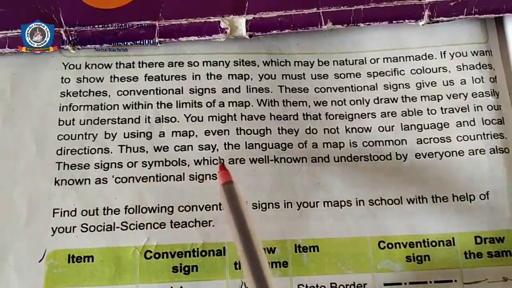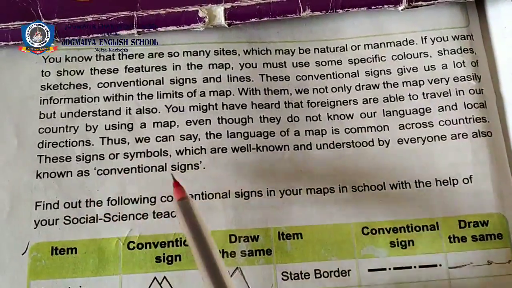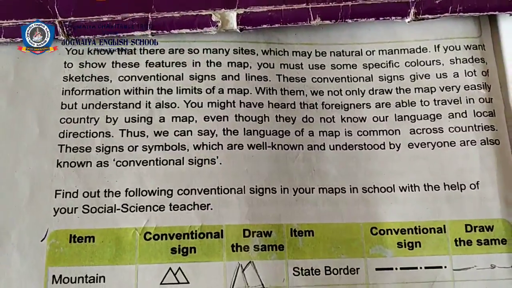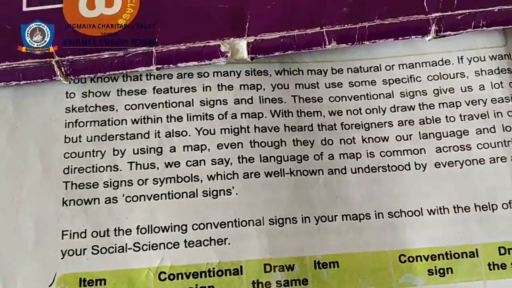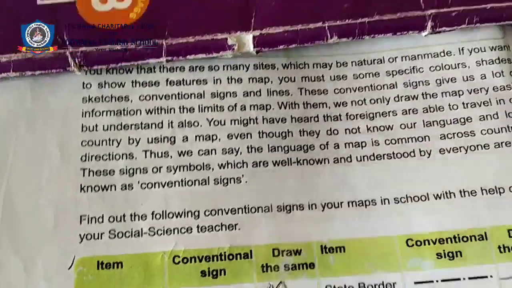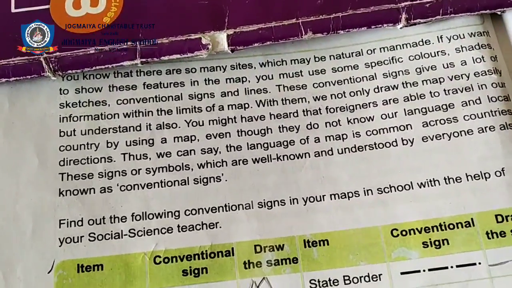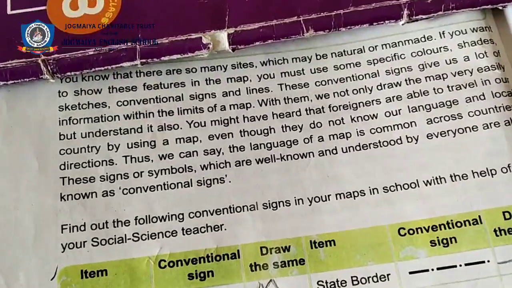These signs or symbols which are well known and understood by everyone are also known as conventional signs. If there is a house on a map, this house symbol will represent it in any country's map.